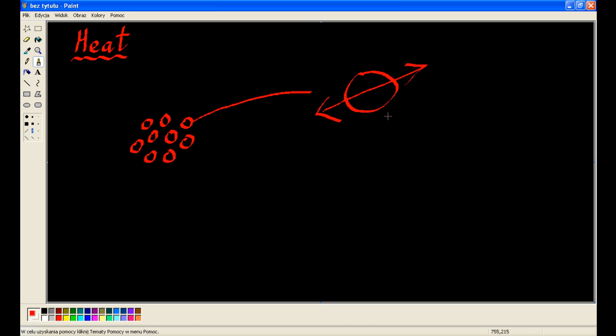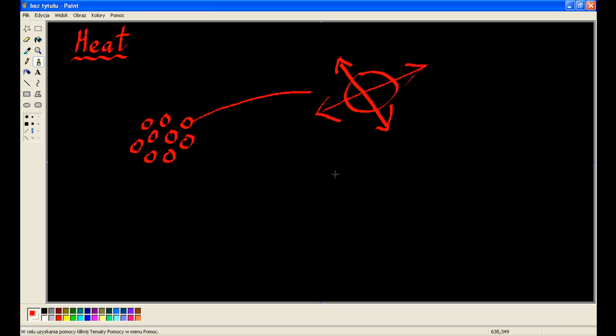Or maybe even starts to move this way, like this, and it's moving to and fro, and it's this actual movement of the molecule or the atom which is the heat.